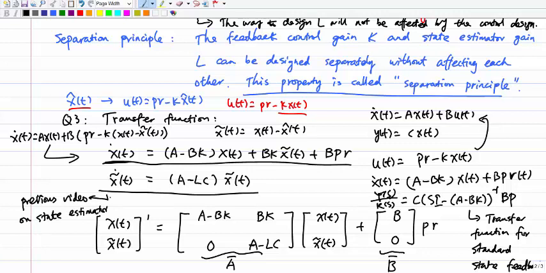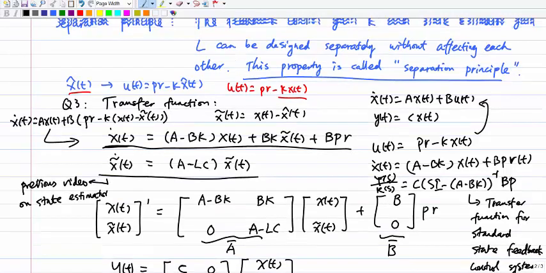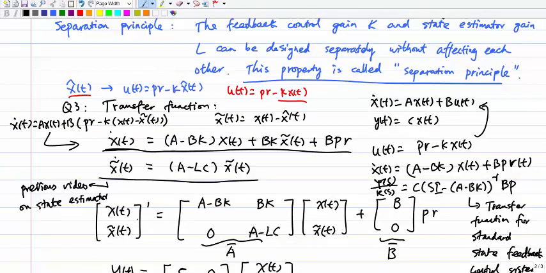If we have these two equations, I stack them together as the derivative of x t and x tilde t. This becomes the matrix A minus BK, BK, 0, A minus LC, times x t and x tilde t, plus B 0 times p r.